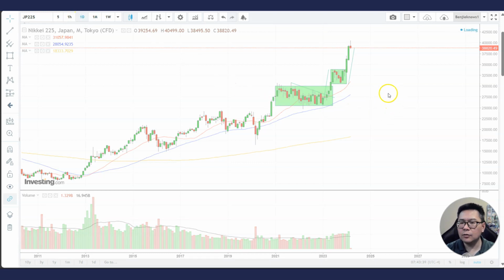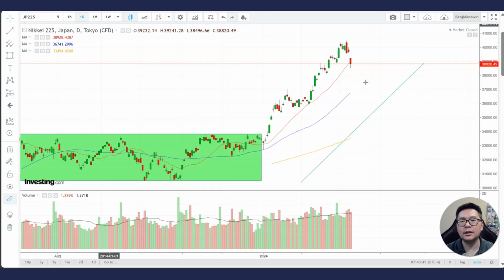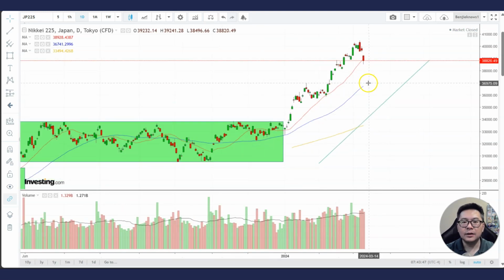So let's go back to the daily chart. At this moment, I feel like it's kind of overbought because there is resistance on the left, but most likely this is not a damaging correction.